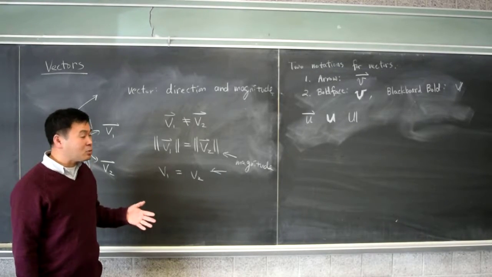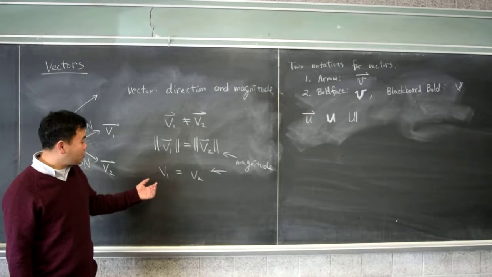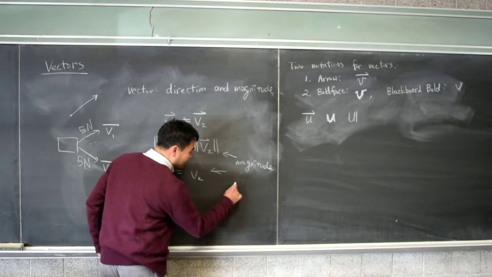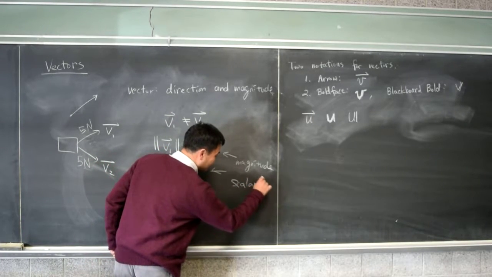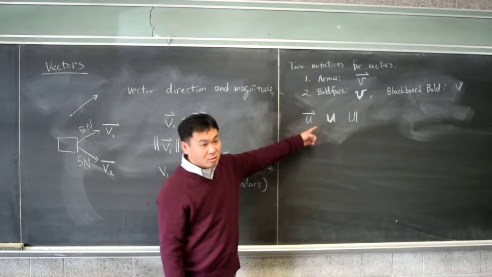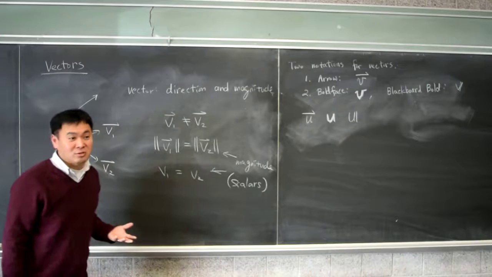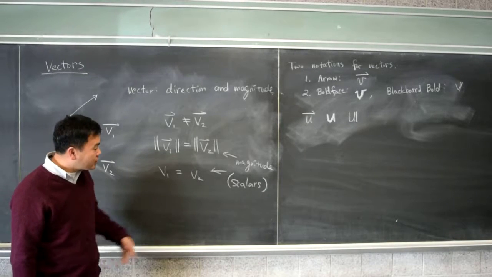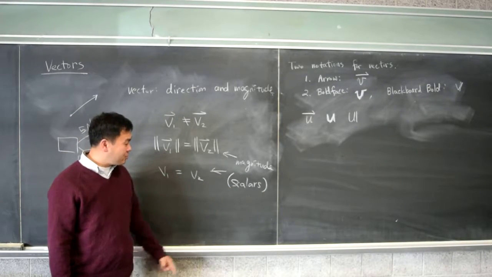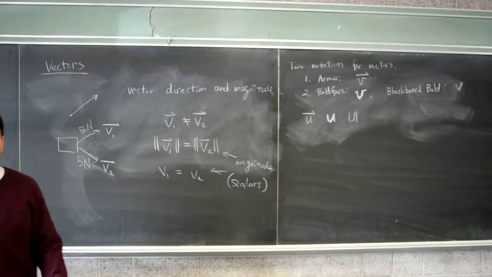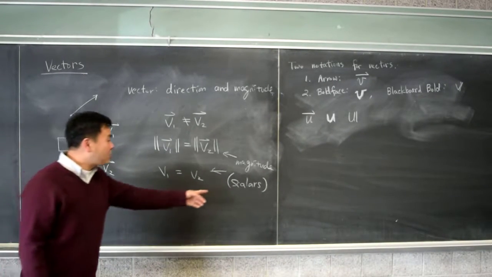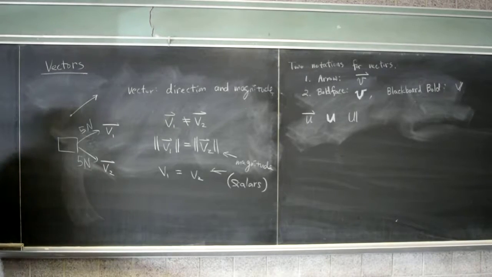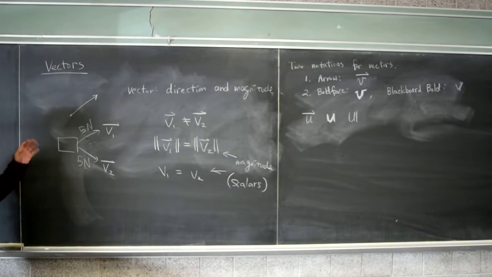When you read the physics textbooks, if you don't know that these things mean magnitude, scalars, and those mean vectors, then you get really confused at what you're reading. So it's very important to distinguish between the two. I wrote scalars without explaining what this is. Scalar just means it's not a vector. Any number that's not a vector, the regular numbers that we usually use, those are called scalars.